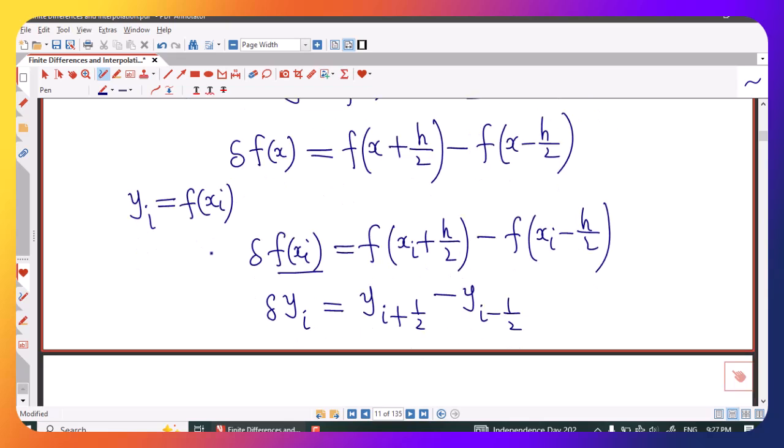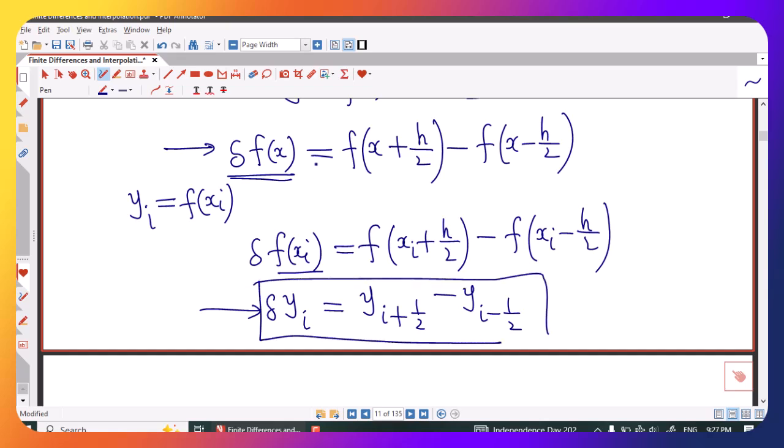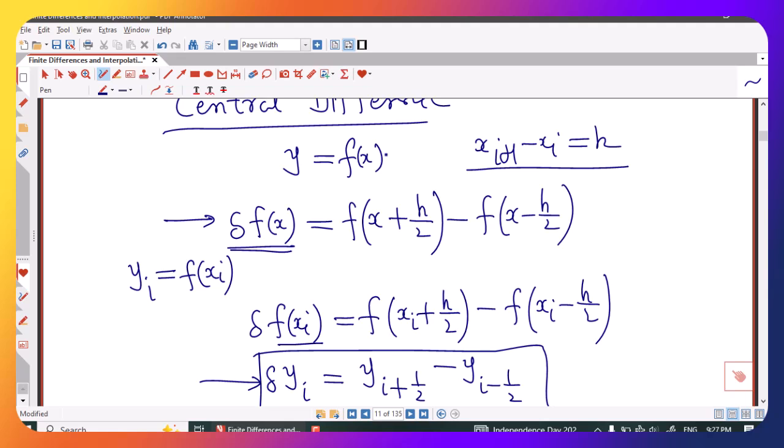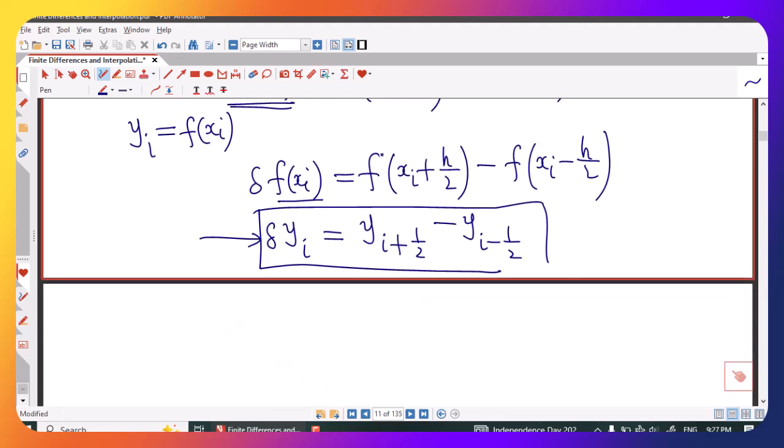So some authors use this form of definition for central differences. Some are using this form of definition for central differences. You can write any of these if they ask you to write down the definition of central differences.